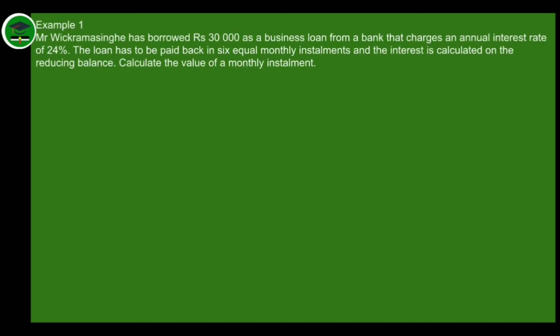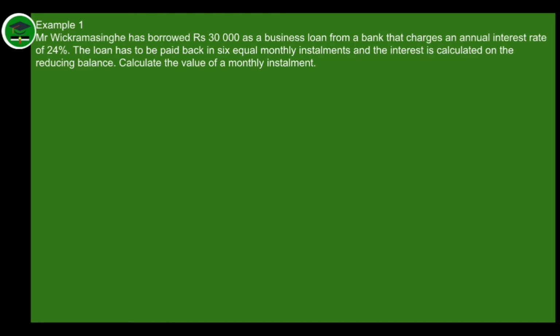Mr. Vikram Singh has borrowed 30,000 rupees as a business loan from a bank that charges an annual interest rate of 24%. He has to pay it back in 6 equal monthly installments, and the interest is calculated on the reducing balance. Here you have to calculate the value of the monthly installments.